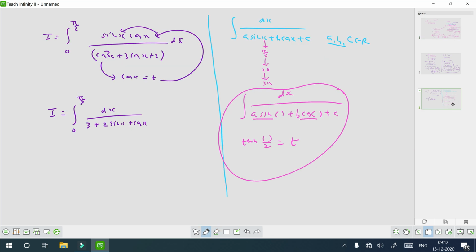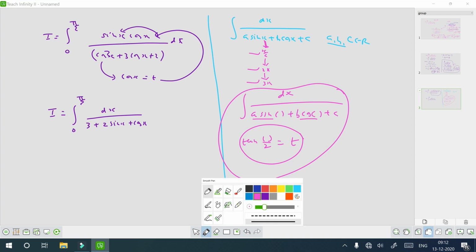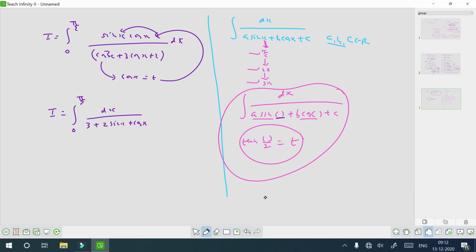In that case, tan of something is equal to t. In place of it, they can take x by 2, 2x, 3x, any angle. But whatever angle is given here, suppose tan of that angle by 2 is equal to t. Clear?